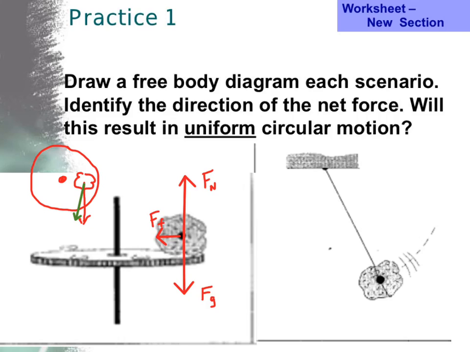So if you're on the disk, you're going to see the motion working away from the center, and so friction is going to act counter to that motion, and it is going to produce a friction force that points toward the center of the circle. And that's all because there's a slight difference between the velocity of the disk and the velocity of the rock.